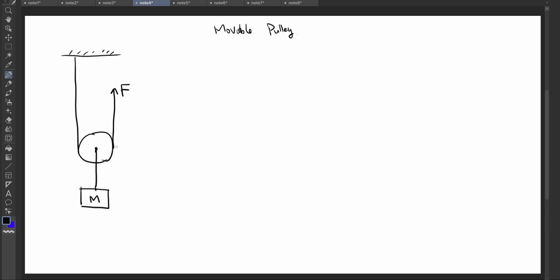Okay. All right, so let's call it the movable pulley. It means that the pulley moves together with the object that we want to pull up.